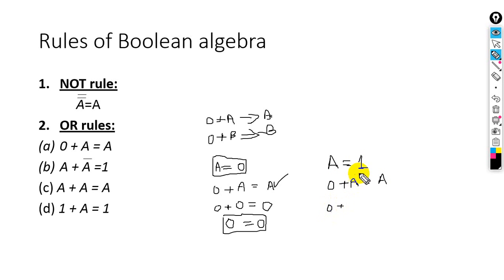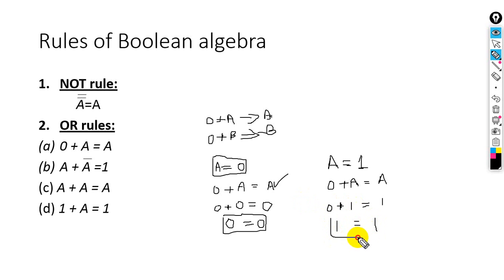Let me put in the value and see whether both sides are equal. 0 OR a, where a is 1, so we put 1: 0 OR 1. We said that in the OR operation, the plus sign, if there is a 1 in the values, the result is 1. So here the result is 1 and on the right side we also have 1.